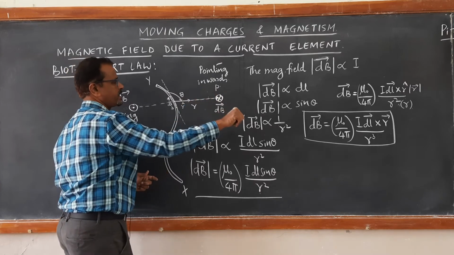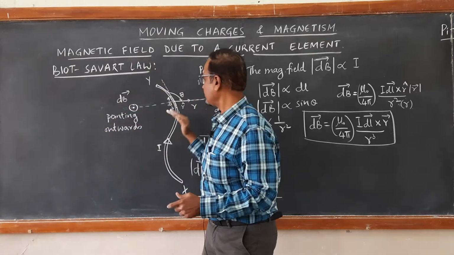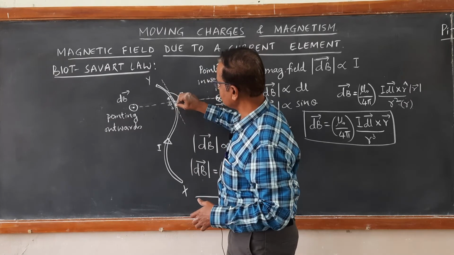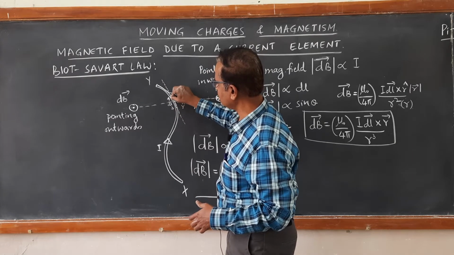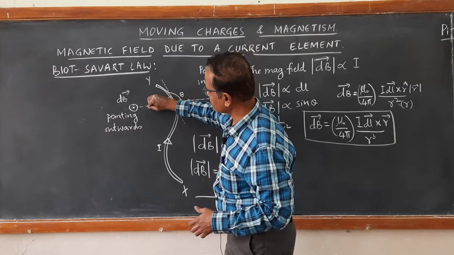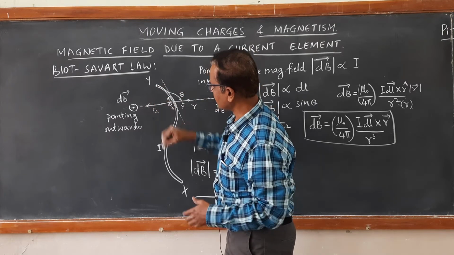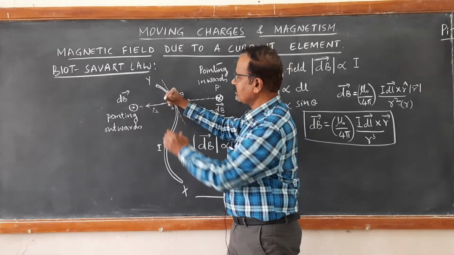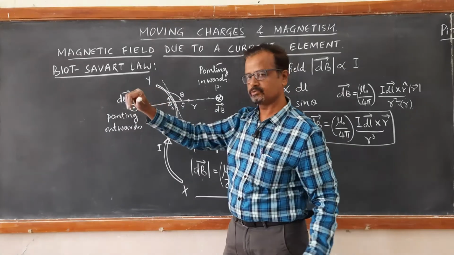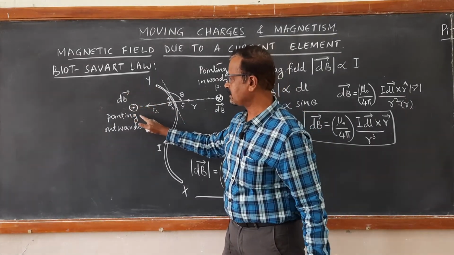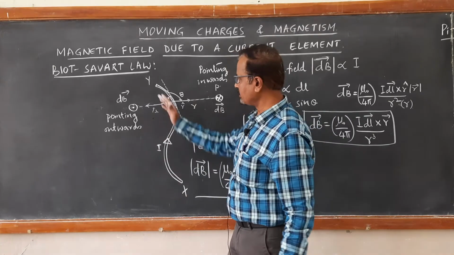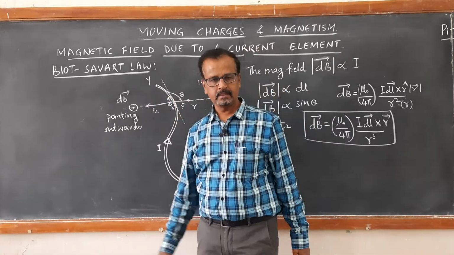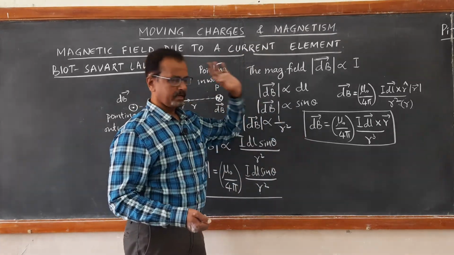That's how we get the magnetic field pointing inwards. In the same way, in this case, I dl is along the length vector of the element dl vector, and this becomes the r vector here. So in this situation, I dl cross r, the thumb points towards you, which gives the direction of the magnetic field pointing towards you, perpendicular to the plane of the board, the plane of I dl and r vectors, right? That's how we get the direction of the magnetic field.